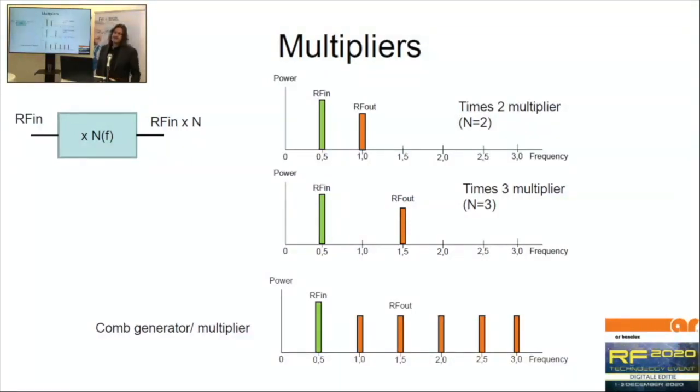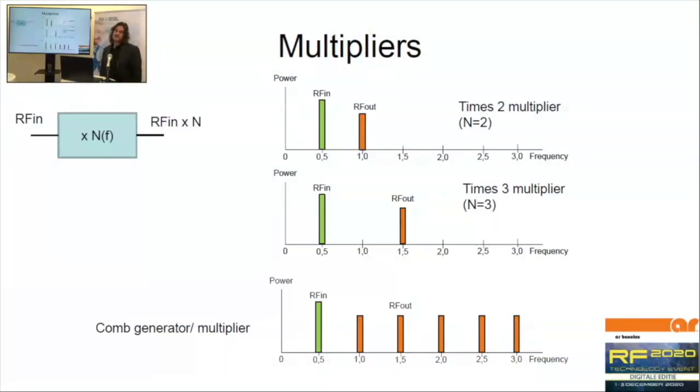Multipliers, although they're not in the same sense as a mixer, will not translate a frequency into just one or several frequency components. What it will do is you put in one frequency and it will translate that into a higher harmonic. So the output of a multiplier, depending on which one you choose, you can choose one who does only ×2.